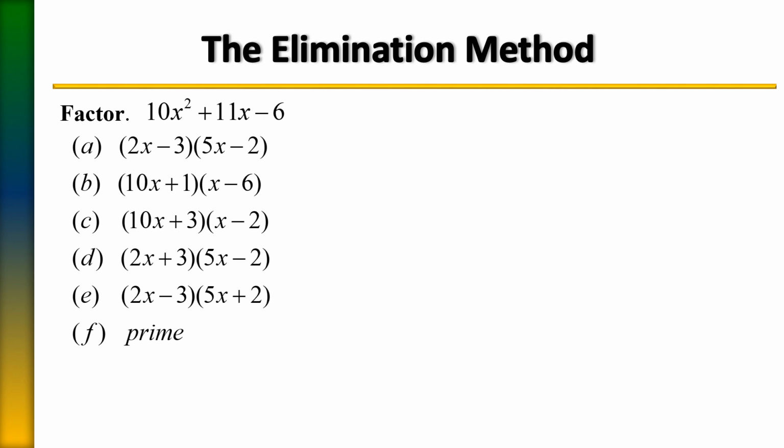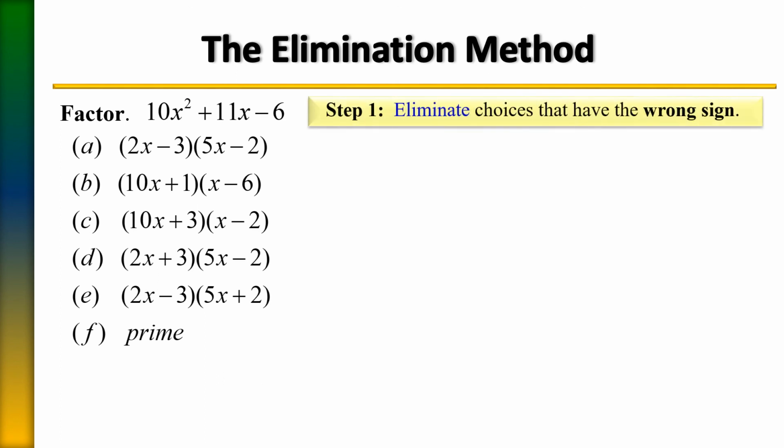So first of all, let's take a look at our sign rules. The back end is a negative, which means the signs are going to be different. So let's take a look at any choice to where we can eliminate it because the signs are the same, because there's no way possible the sign could be the same.